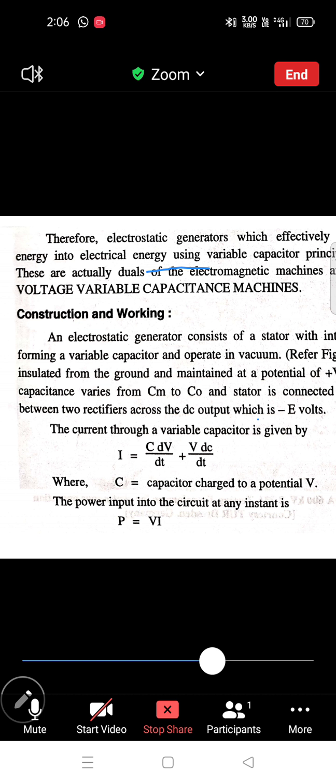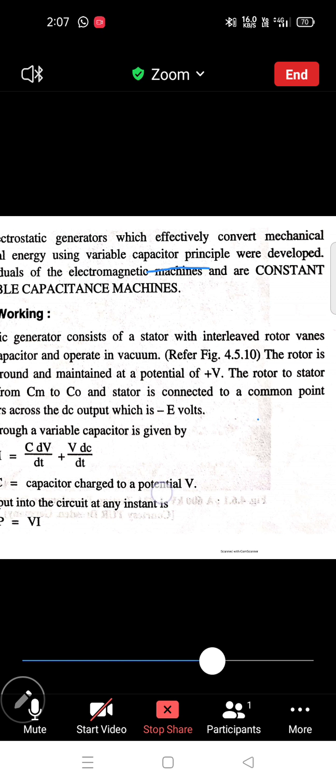So the power input into the circuit at any instant is P equal to V into I. Putting the obtained equation for I, it gives us C V dV/dt plus V square dC/dt.